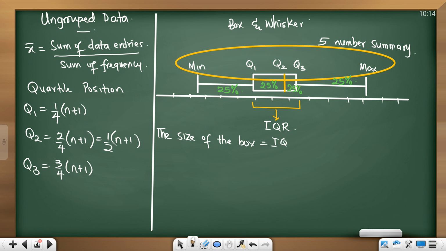Your IQR, which is what? Q3 minus Q1. What about your semi-interquartile range? Semi-interquartile range. Semi simply means half. So it's interquartile range divided by what? By 2. Semi-interquartile range. Just have an idea.